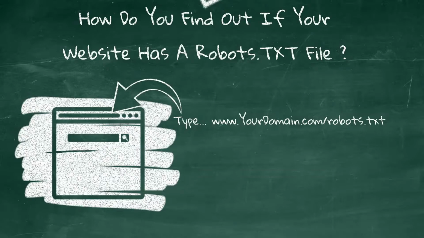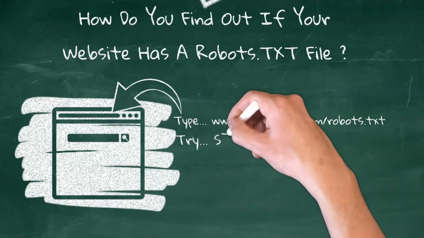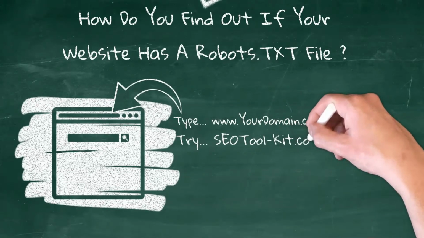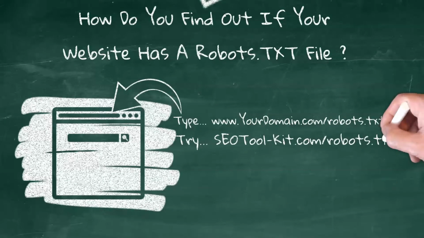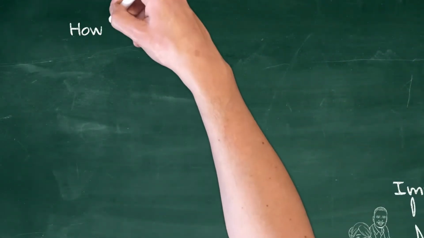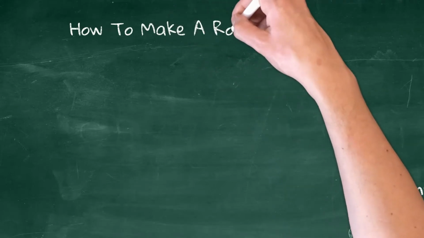You can do this on any website you go on. You can do it on my website at SEOtoolkit.com, but you can do it on any website. Just go /robots.txt.